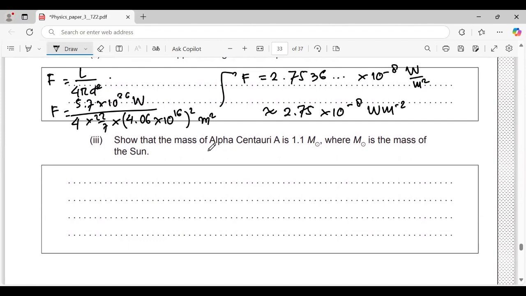Show that the mass of Alpha Centauri A is 1.1 M, where M is the symbol for the mass of the sun.